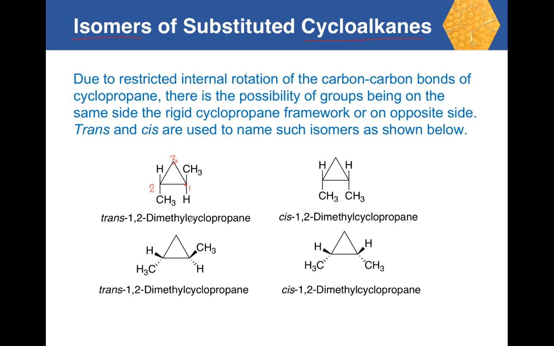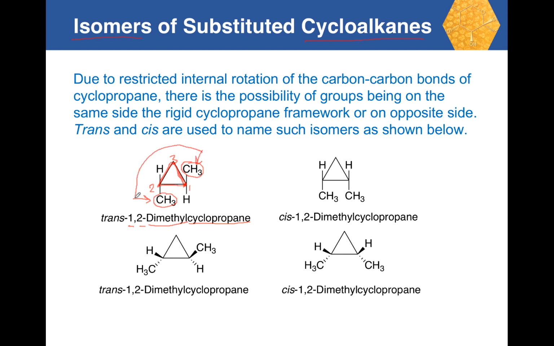So here is our cyclopropane right here. We have a methyl on carbon 1, and we have a methyl on carbon 2. So that means we have 1,2-dimethyl cyclopropane. Since the cyclopropane ring here is a rigid structure, as you can imagine, a triangle, we can have the methyl group on one side of that triangle and the other methyl group on the opposite side.